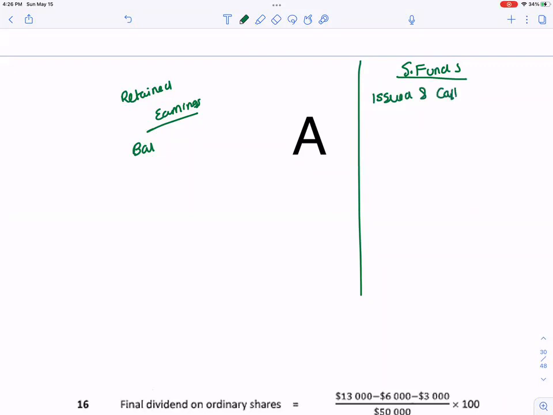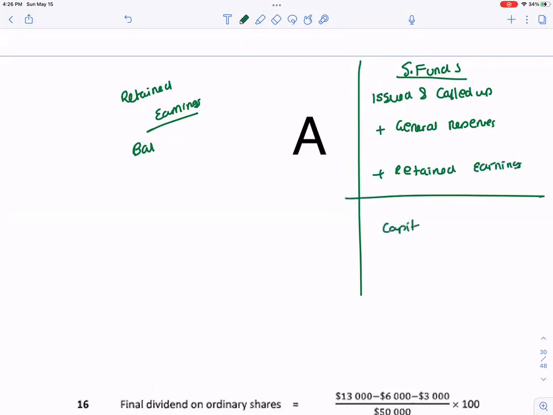Issued share capital and reserves: general reserves, plus retained earnings. This is also called the capital and reserves section. What is this also called? Capital and reserves section.